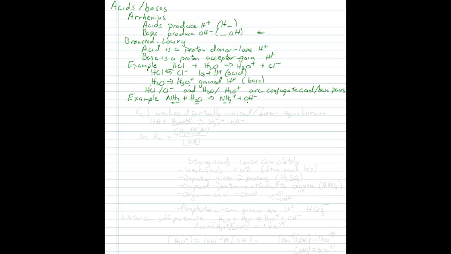If you have a weak acid, then you have a Ka. Remember the definition of a weak acid? It is partially ionized. It therefore will form an equilibrium.